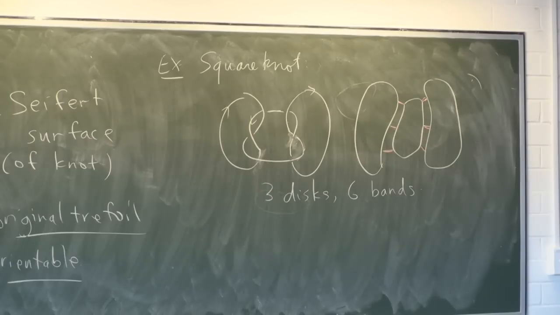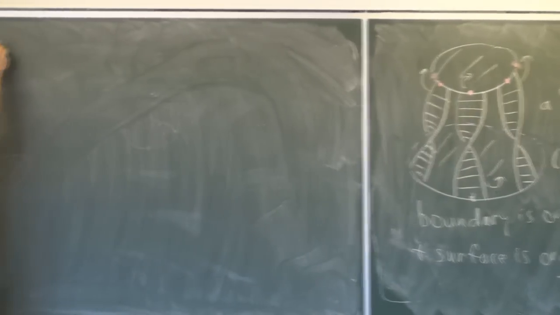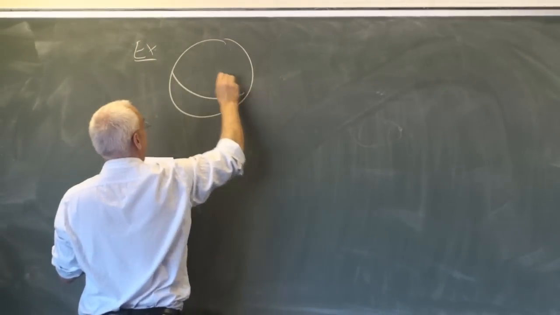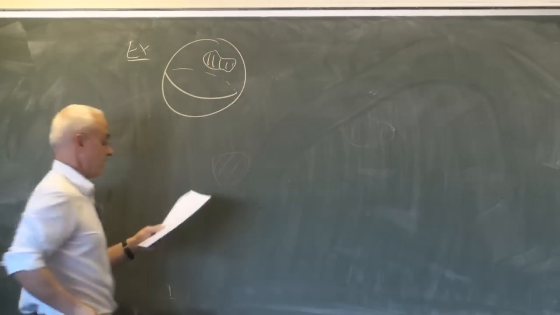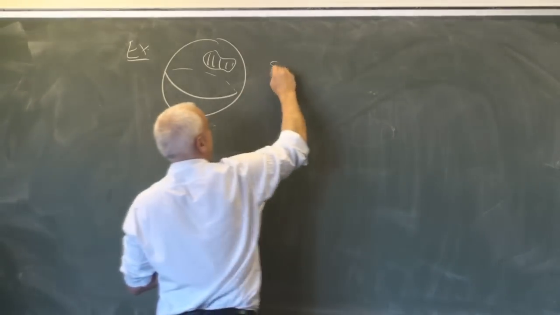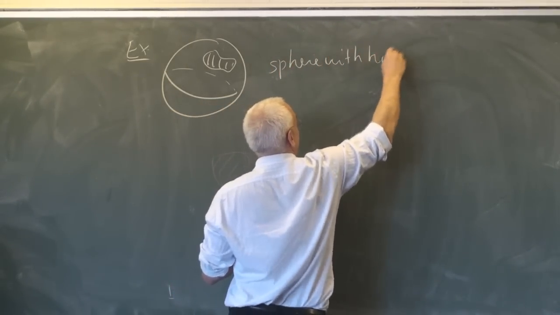Let's just introduce a little bit of notation to help us understand what kind of surfaces these are, these surfaces with boundaries that are coming up. So for example, if we start off with just a sphere and we have a single hole in it, we've taken a disk out. So a sphere with a hole drilled in it.